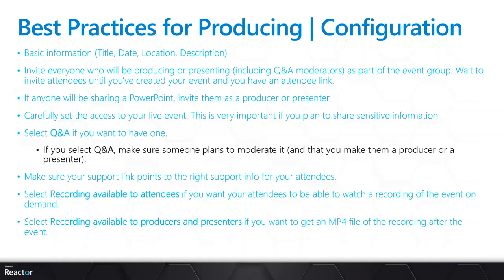And the attendees, you don't need to add them to the live event organization. You can do that at the end. You get an attendee link. And like I say, maybe wrap that in a bit.ly or something like that that makes it not so obvious what they're joining.